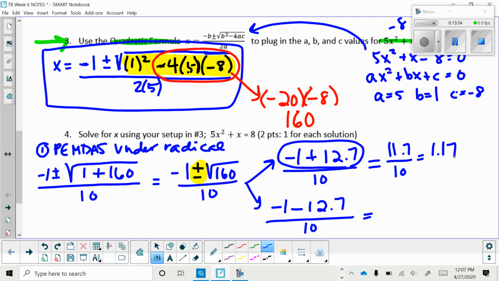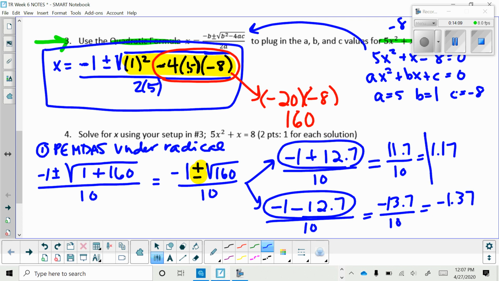And then for the second answer, you're going to do the numerator first. Negative 1 minus 12.7 is negative 13.7. Divided by 10 is approximately negative 1.37. And that is your 2 answers for quadratic formula.